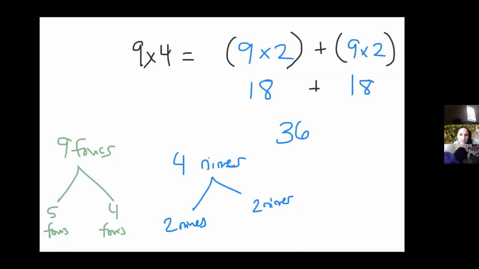Brilliant. So C used the distributive property, and she has enough experience multiplying that she kind of gamed it out and was like, it's way easier for me to do 4 groups of 9 than 9 groups of 4.